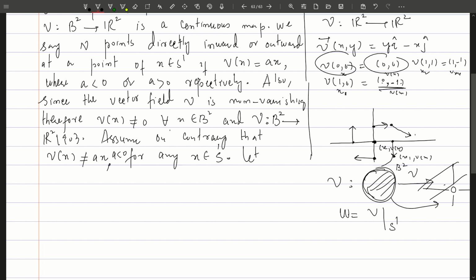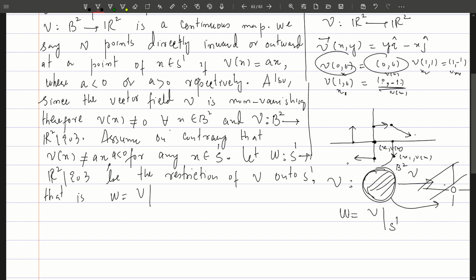So let w from S1 to the punctured plane R2 minus 0 be the restriction of v onto S1, that is, w is v restricted over S1.